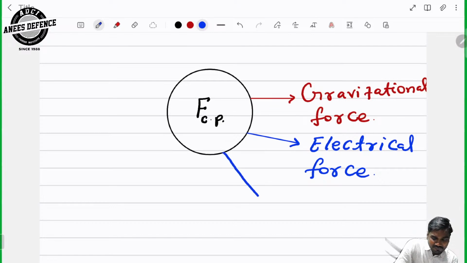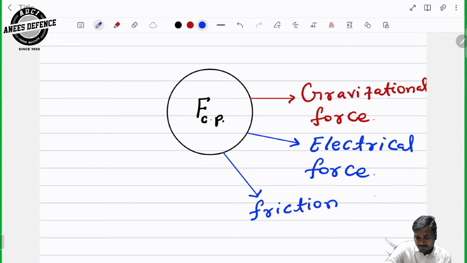Sometimes this centripetal force is nothing but friction force. I am giving you one example.